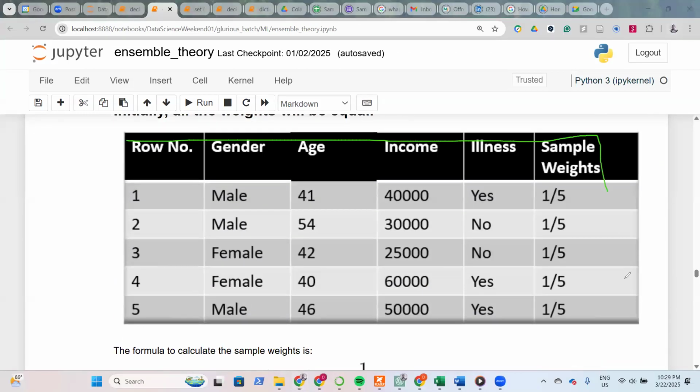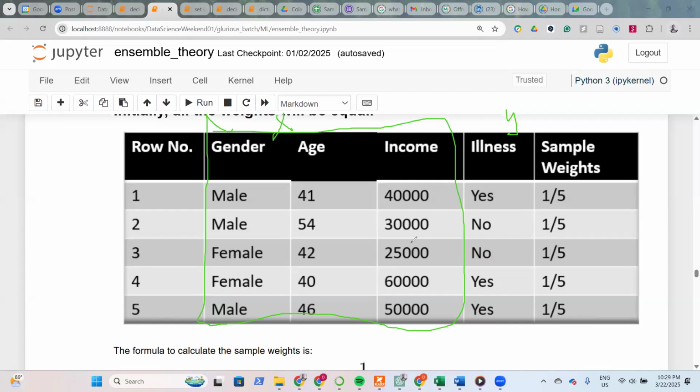In this data set, you have row number, gender, age, income, and these are the features X. Then this is the target Y, illness, to determine whether that person ends up with an illness or not. So this is our record.